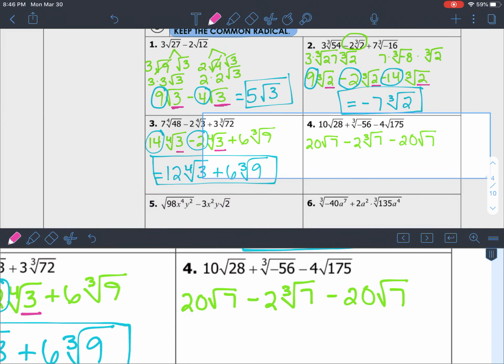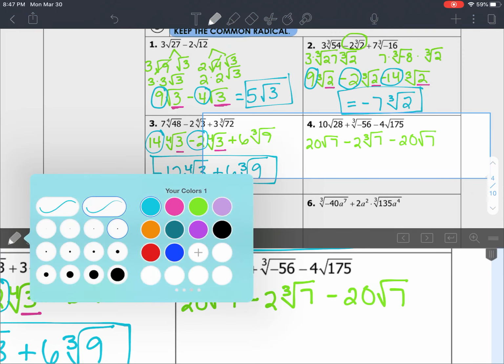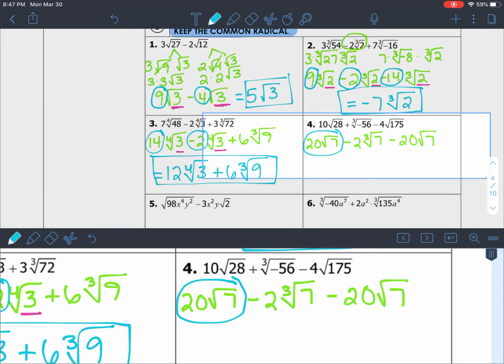So this one's a little bit more interesting. If you look, we have square root, cube root, square root. So we can't do anything with this one. And then we need to check our radicands. So we have a 7 and a 7. Perfect. That means I can combine those outside too. So when I combine this one with my last one, those end up canceling each other out.